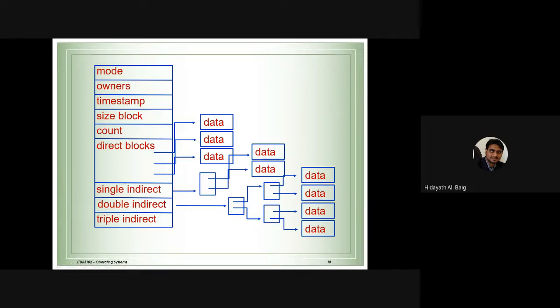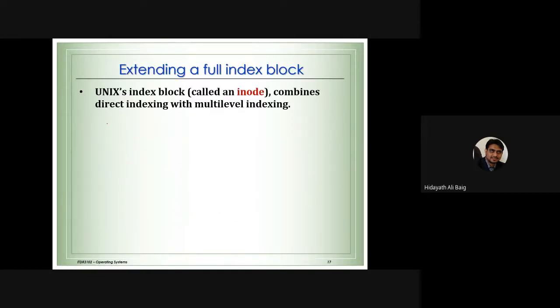So I just want you to remember it easily. I will give you a simple example. Take a book: we have chapters. In chapter 1, maybe we have sub-chapter 1 and sub-chapter 2.